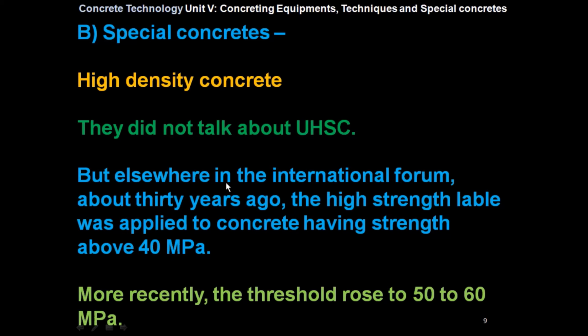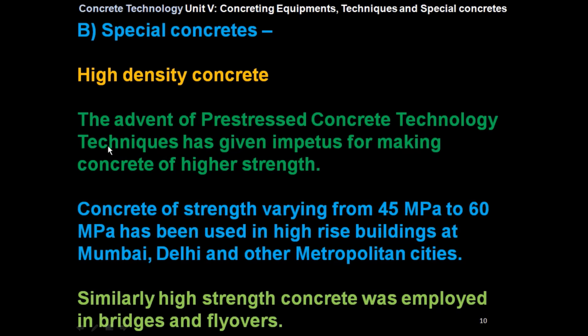But elsewhere in the international forum, about 30 years ago, the high strength label was applied to concrete having strength above 40 megapascal or 40 Newton per millimeter square. More recently, the threshold rose to 50 megapascal to 60 megapascal. The advent of pre-stressed concrete technology techniques has given impetus for making concrete of higher strength.